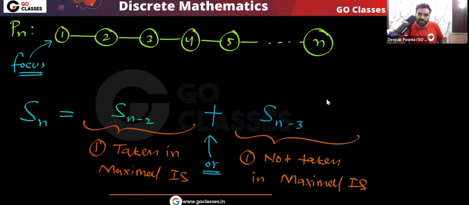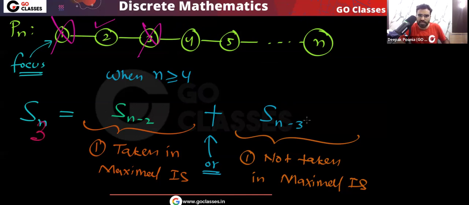Remember this recurrence relation, when will it work? This will work when n is greater than or equal to 4.